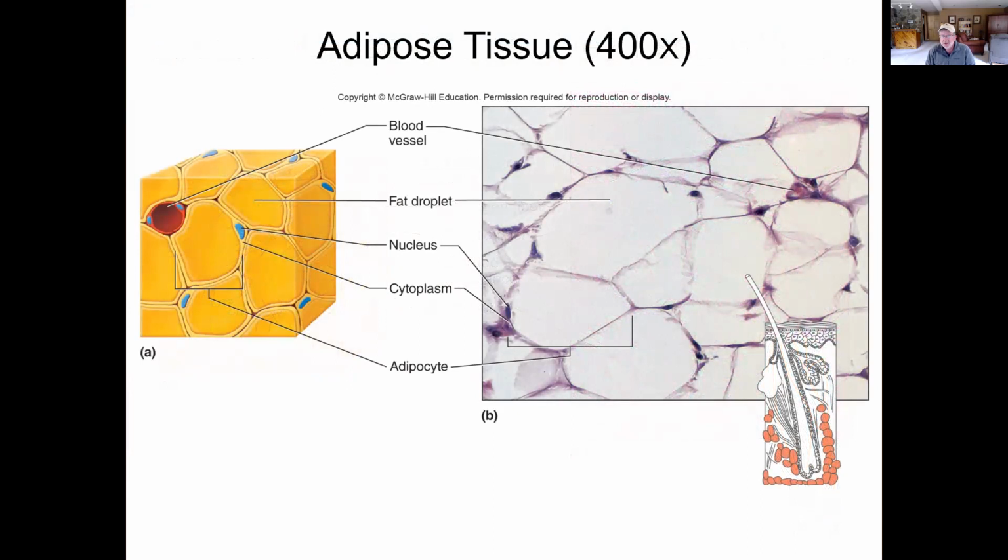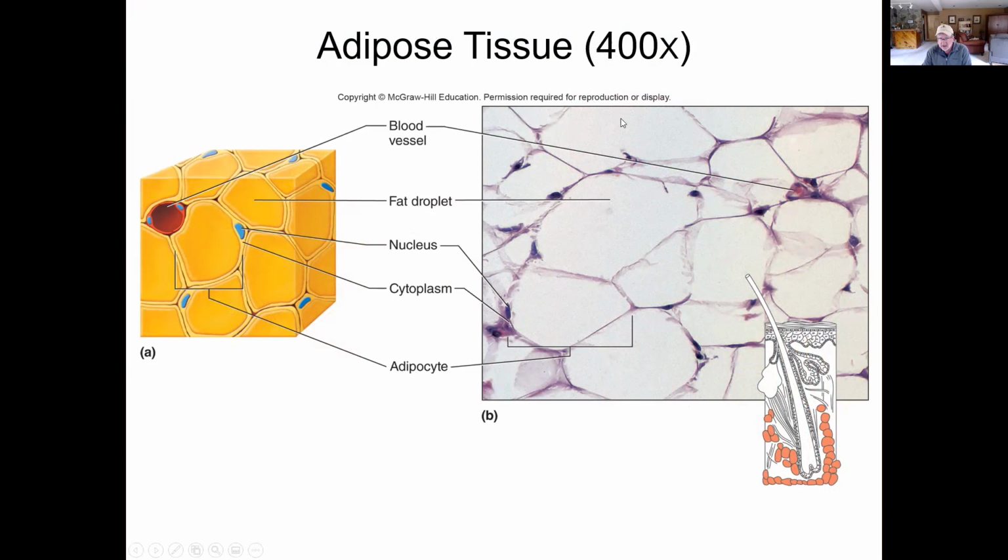Adipose tissue, another name for what? Fat, right? Adipose tissue, what do we have here? Well, adipose tissue is really interesting. The first thing to note is the presence of fat cells, or adipocytes, they're called. So you see one here, here's another one, here's another one.